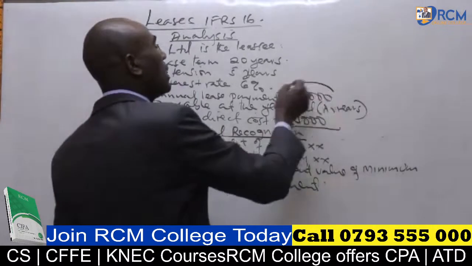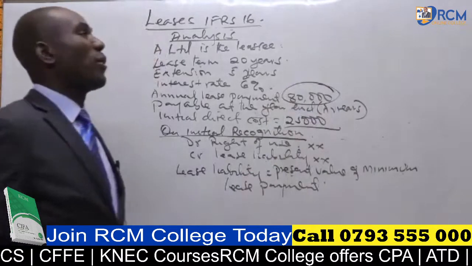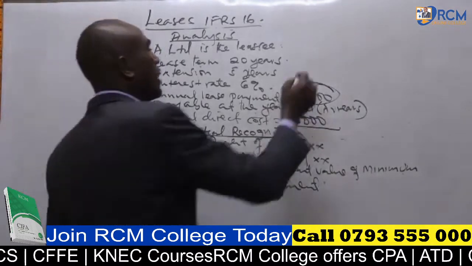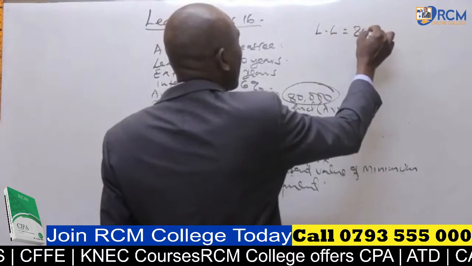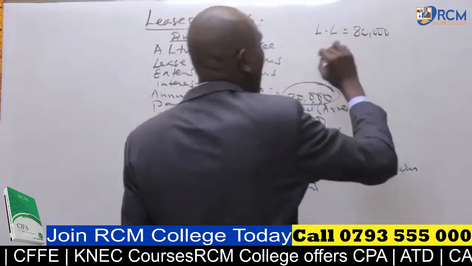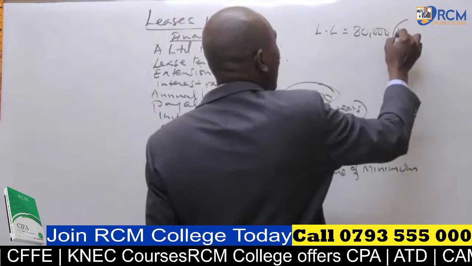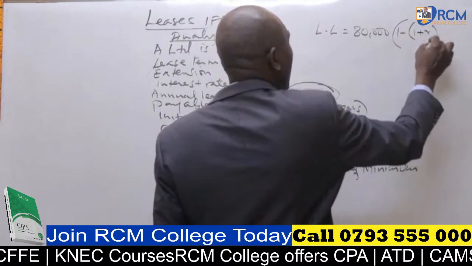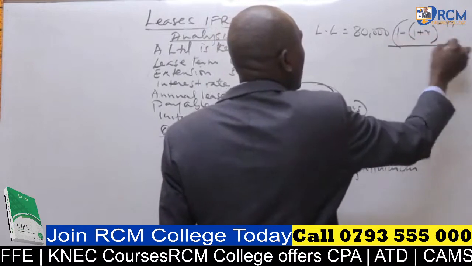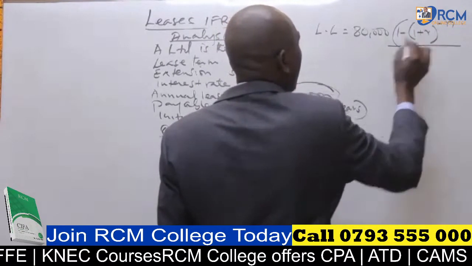I discount whatever I'm paying annually to the present value. Therefore, lease liability equals 80,000, what I'm paying annually in the initial term, multiplied by 1 minus (1 plus R) raised to negative N, divided by R.